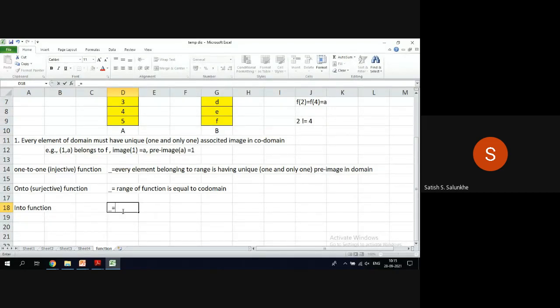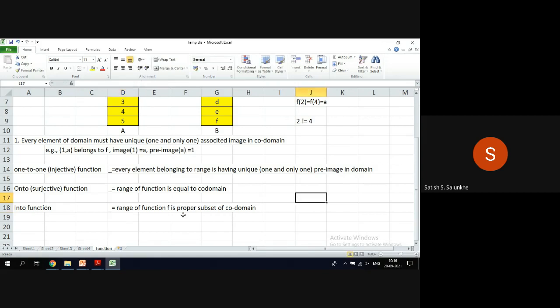That means if the range of function f is a proper subset of the codomain, then we say the function is into.